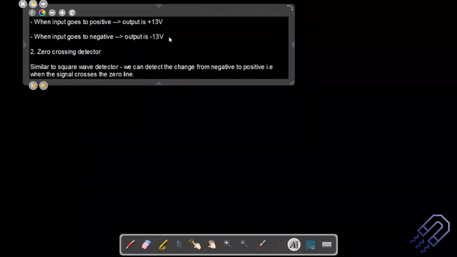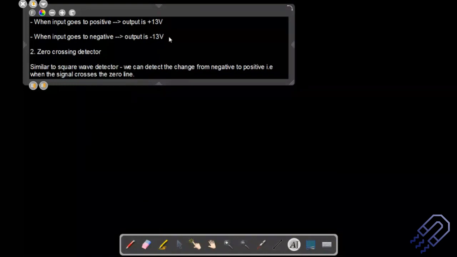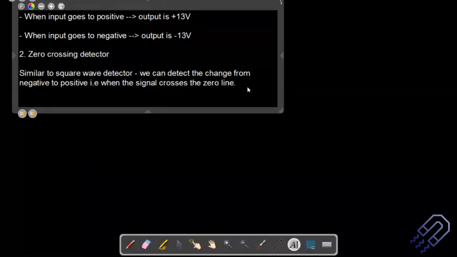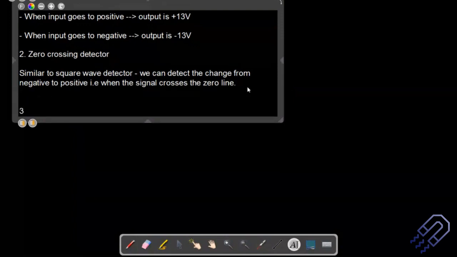So you can understand the change of polarity when we are having the crossing of the zero line. And that is why we are talking about zero crossing detector here. So there we really don't need to do much or understand much.